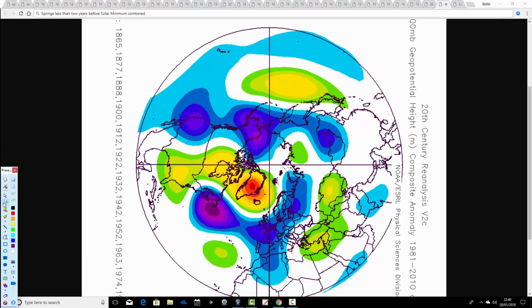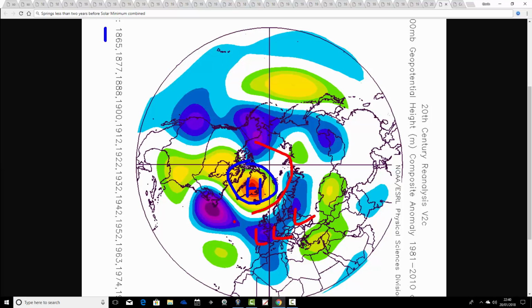So these springs, starting with 1865 and going down to 2007, if you combine all of those years together, you do come out with a blocking signal: above average heights to the north, but below average heights down to the south. So overall, it is quite a cold and blocked signal.